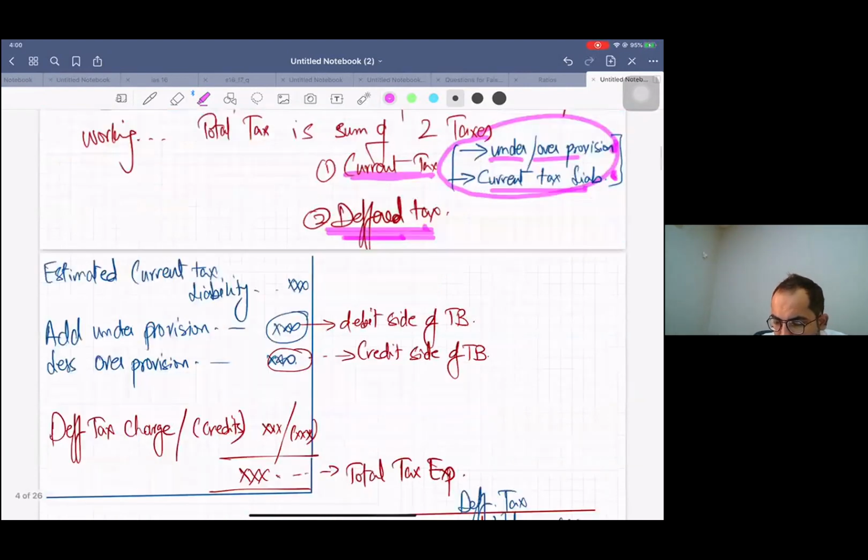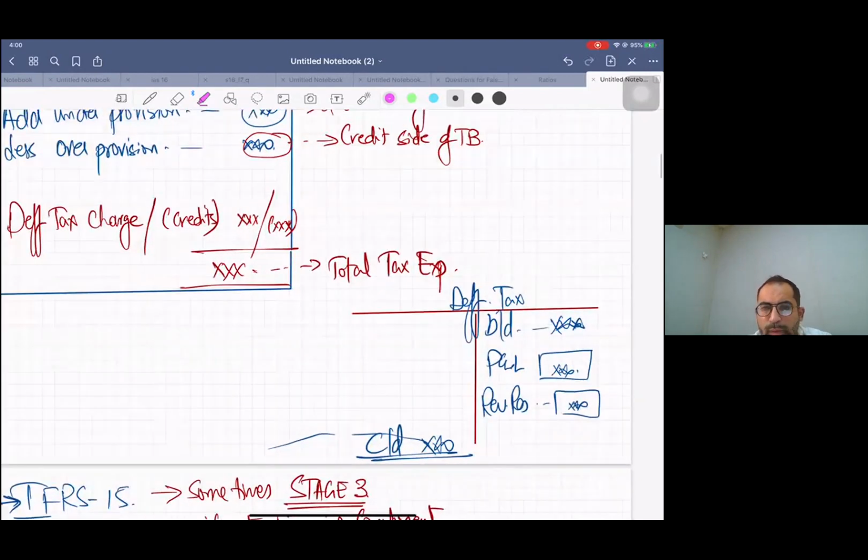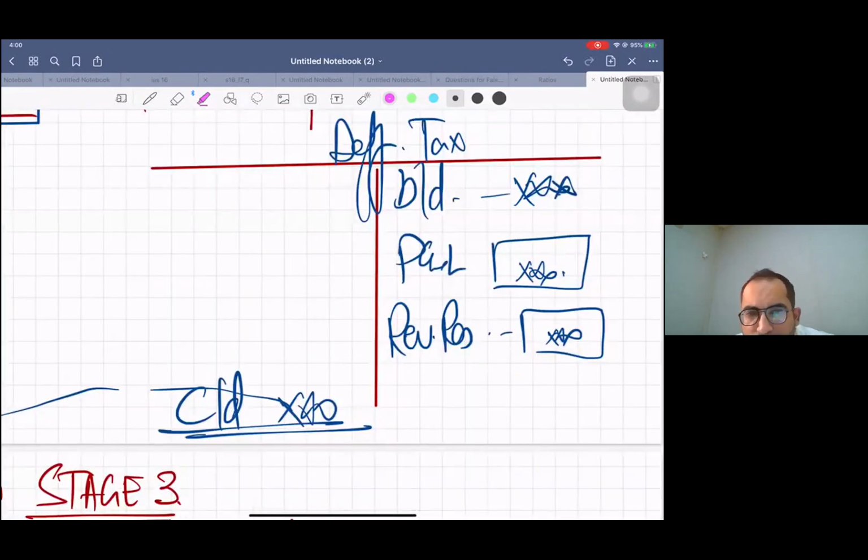You make one T account. See this T account. You make one T account of deferred tax, and in that T account, the opening liability is ready made, always given. Opening deferred tax liability is ready made, always given at the top, or in the trial balance.